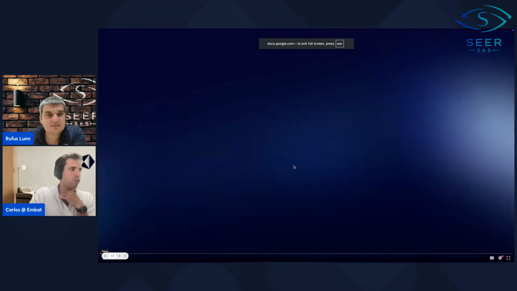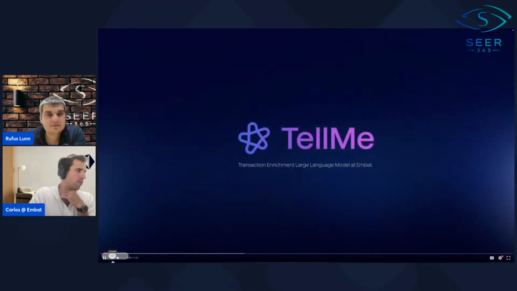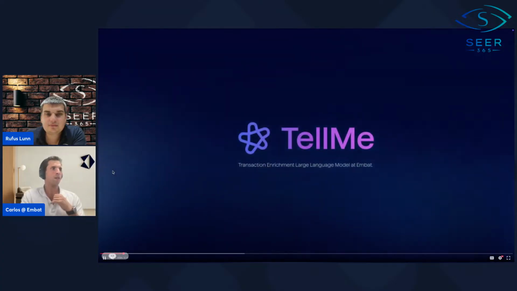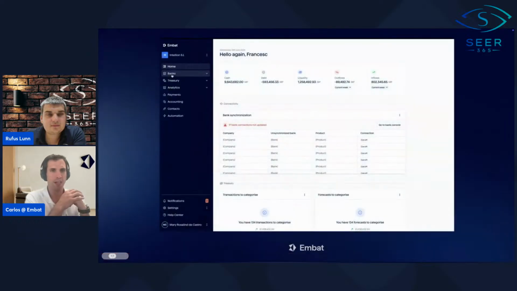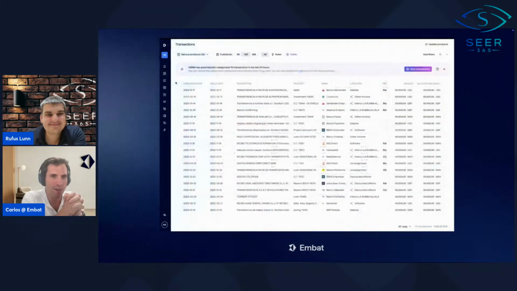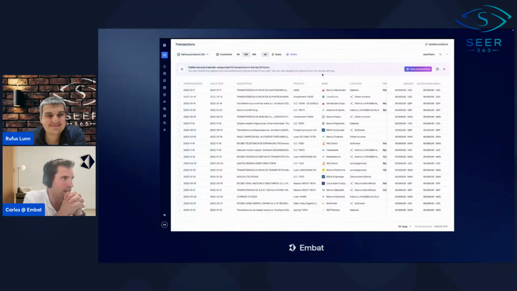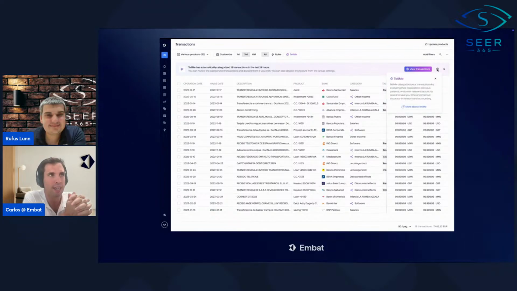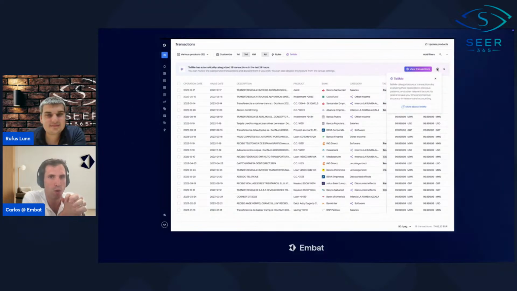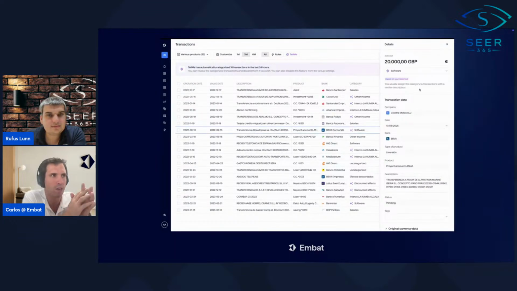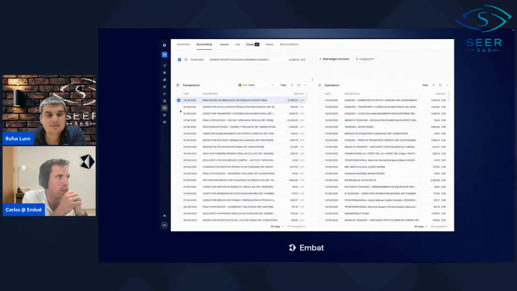And then I'll go just quickly on the last one to see a couple of things that Tell Me can actually do automatically for us in the platform. So Tell Me actually stands for a very large name, but at the end it did work out to be a good name. Tell Me already can categorize automatically transactions for you. When those transactions are synced from the bank, we look at your historical transactions, we look at your patterns, and we see, and we can also tell you exactly why we are categorizing certain transactions in one way or the other.